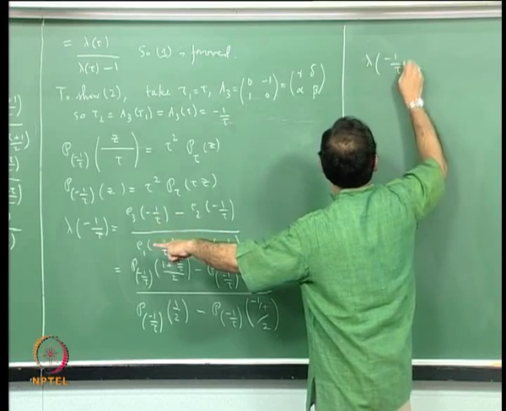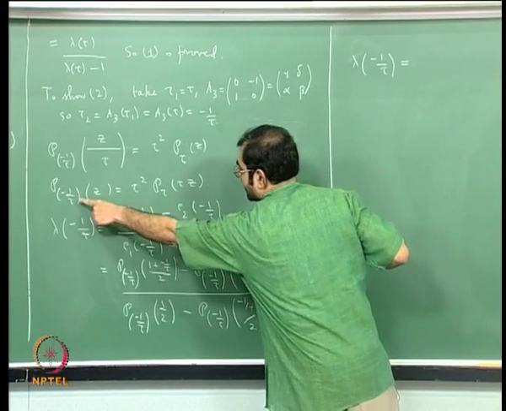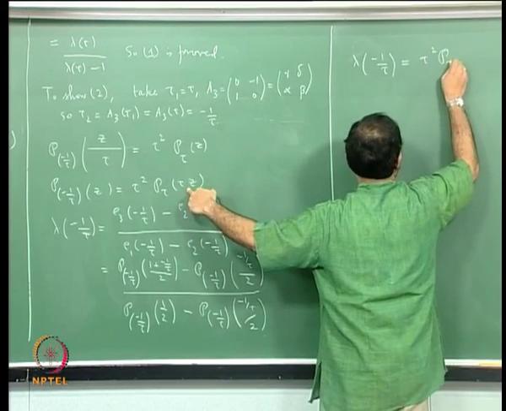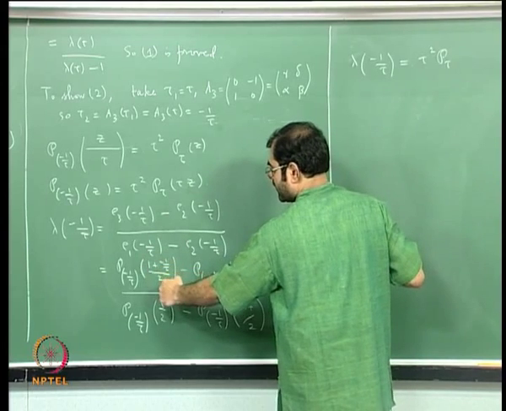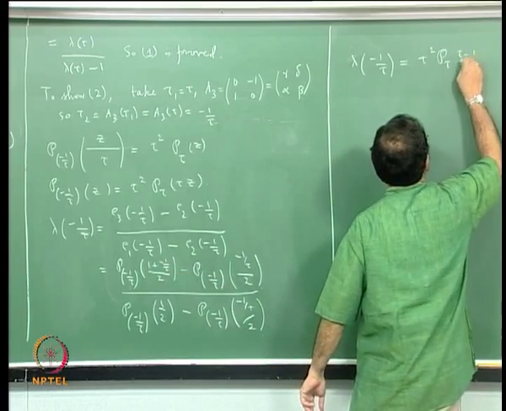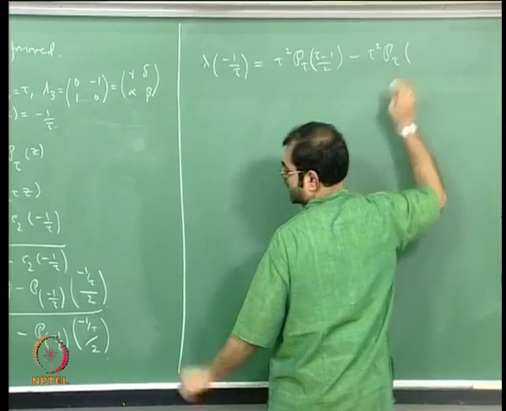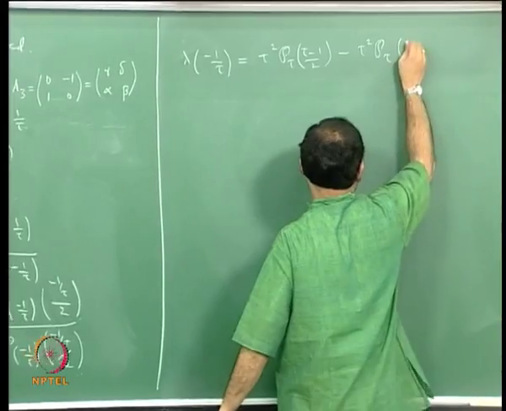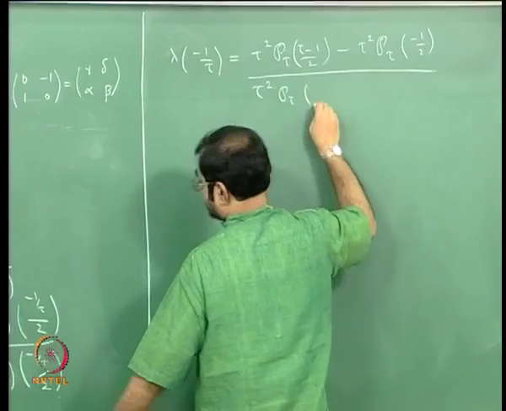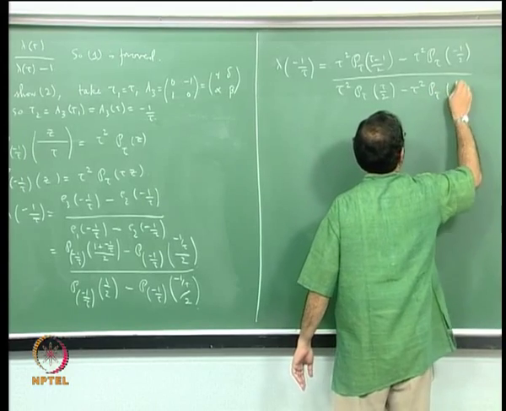Lambda of minus 1 by tau is equal to, well, P of minus 1 by tau of Z is just tau squared P tau of tau Z. So I will get tau squared P sub tau of tau times Z. So I have to multiply this whole thing by tau. If I multiply this by tau, I will get tau minus 1 by 2 minus, again I will get tau squared P tau of, multiplying this quantity inside by tau, I will get minus half, divided by tau squared P tau of, multiplying the quantity inside by tau, I will get tau by 2, minus tau squared P tau of minus half.